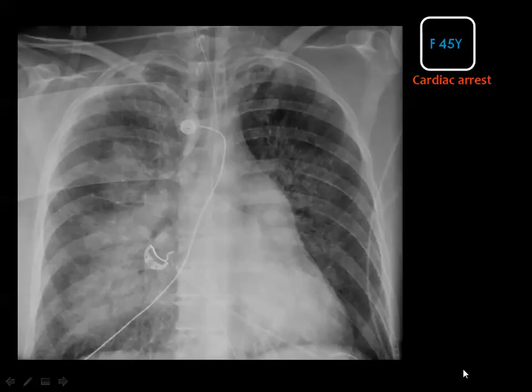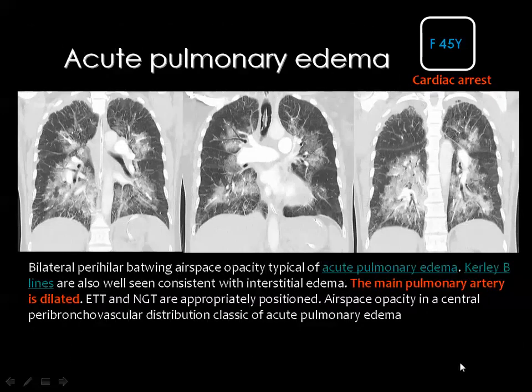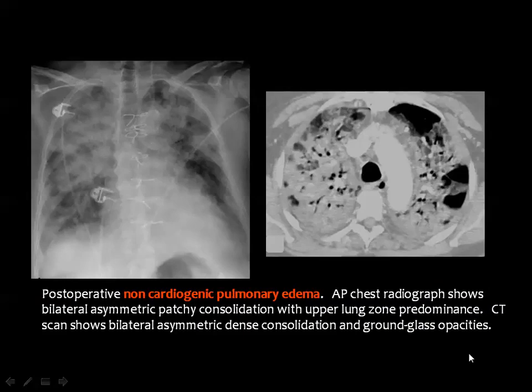This patient with cardiac arrest showed bilateral areas of consolidation, and he can elicit some air bronchogram. The coronal reformatted CT images clearly demonstrated the central position of the opacities, indicating that the opacities are due to pulmonary edema.